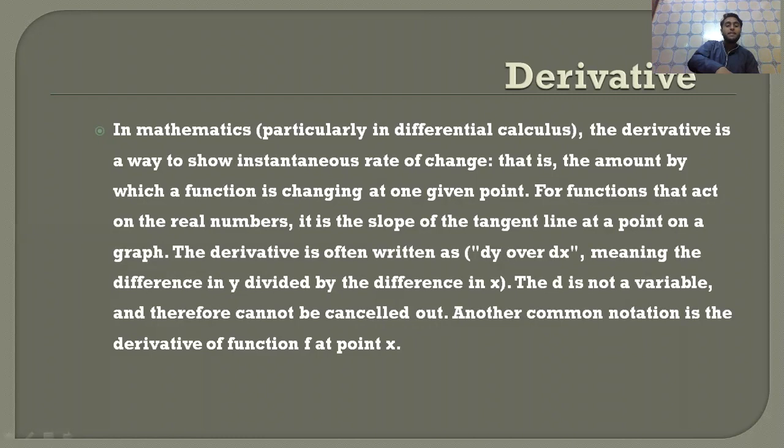The derivative is often written as dy over dx, meaning the difference in y divided by the difference in x. The d is not a variable, therefore it cannot be cancelled out. Another notation is the derivative function of f at the point x.